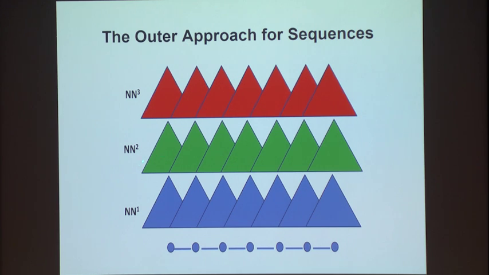And then you have a second stage of green networks, where the green networks are looking at several outputs from the first layer. So the output of the green network will depend on a window of inputs that is larger than the blue networks, etc. Right? So as you go up in this stack, the networks at the top can see longer and longer portions of the input sequence, right? And you can do weight sharing.